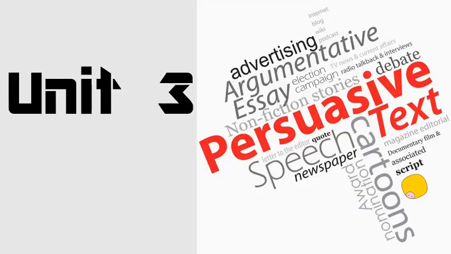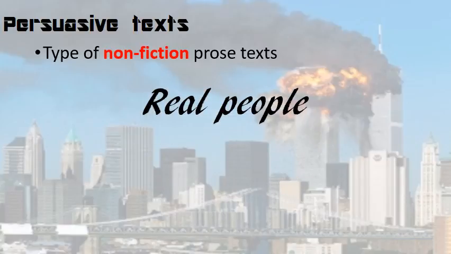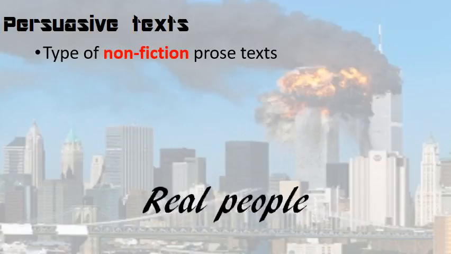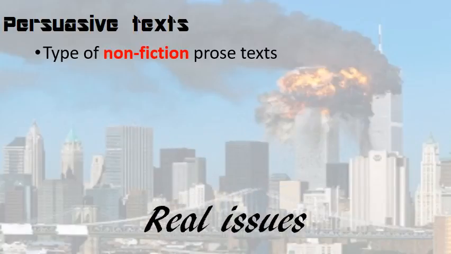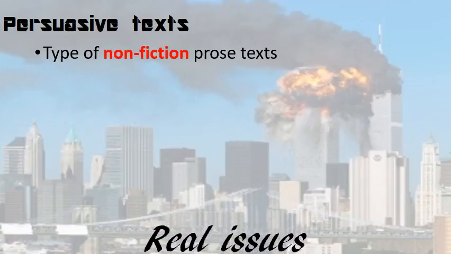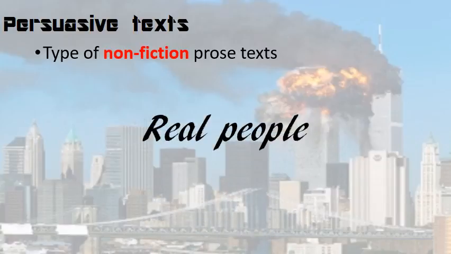we're looking at persuasive texts. Okay. That means that you're going to be looking at works of non-fiction prose texts. These are texts about real people, about real places, about real issues, and about real events.